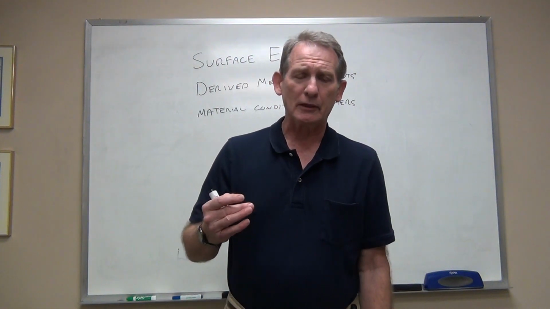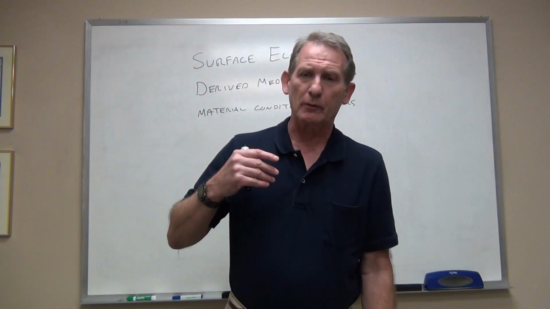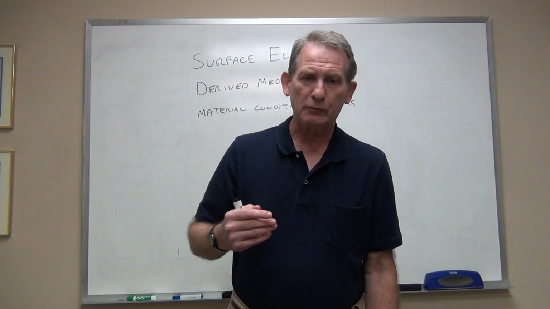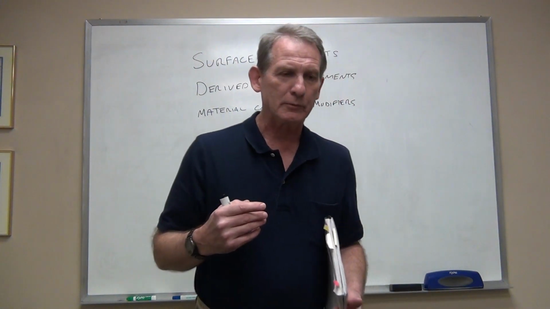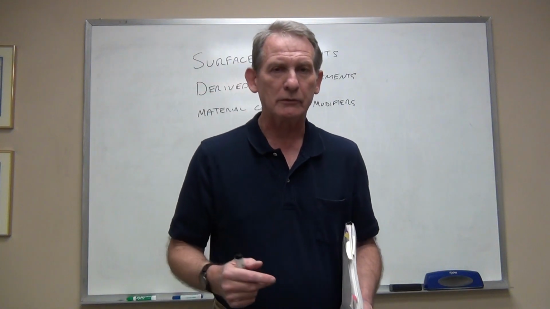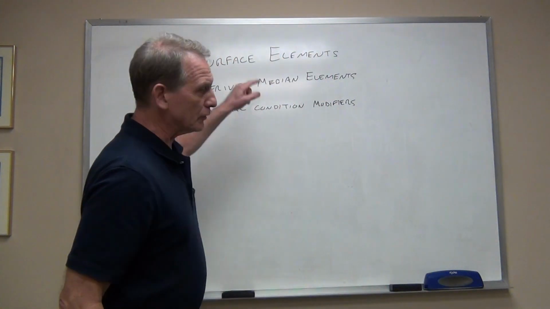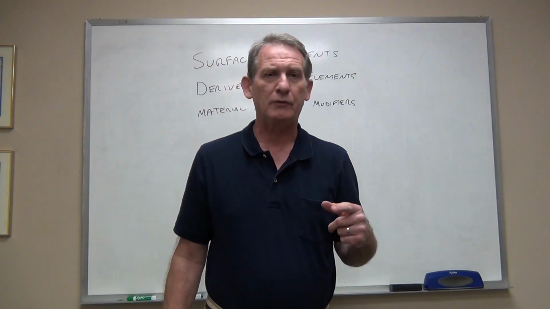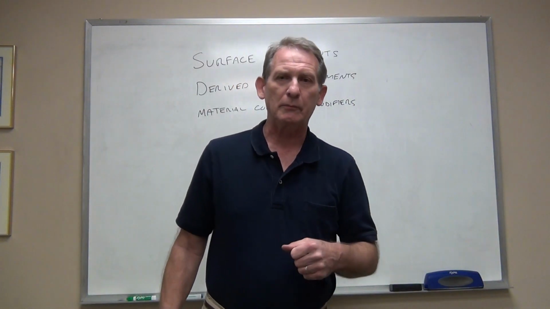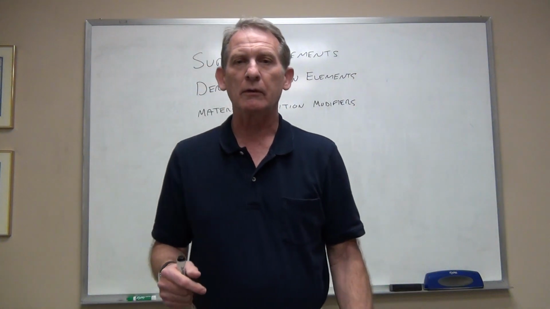And the important concepts that we carried away from those first couple of videos were that there are really two fundamental types of elements that we can control for straightness. There are the surface elements, and on even something as simple as a shaft, the outer surface elements that make up the OD of the part.